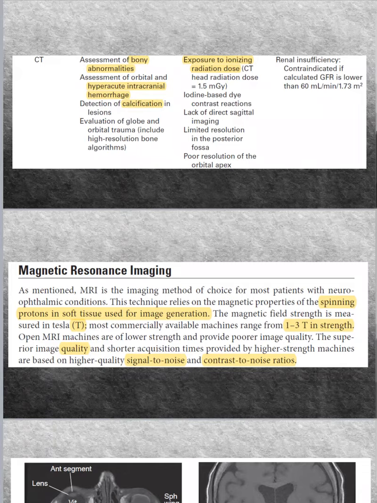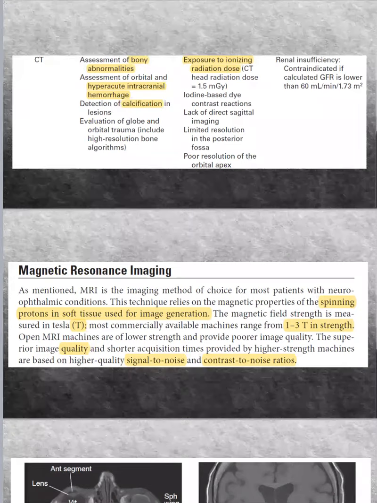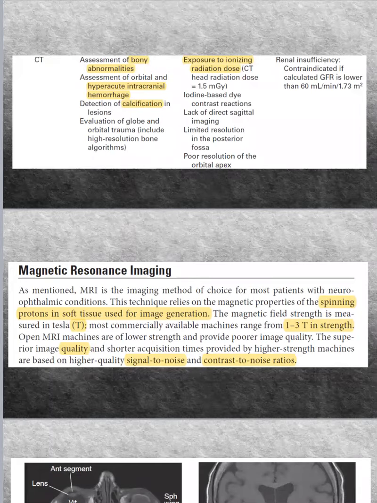If you ask for CT, the patient will be back the same day. Here in Egypt, if I require a CT, the patient will be back to me on the same day. But if I require MRI, the patient won't come until tomorrow or the day after tomorrow.